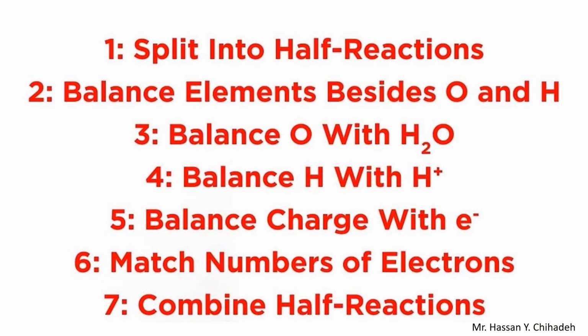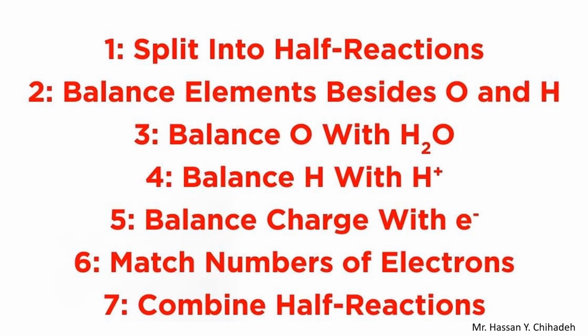Dear students, now you have to apply these steps in order to balance any redox reaction by using half reactions method in acidic medium. Step 1, split into half reactions, oxidation and reduction half reactions. 2. Balance elements besides O and H. 3.